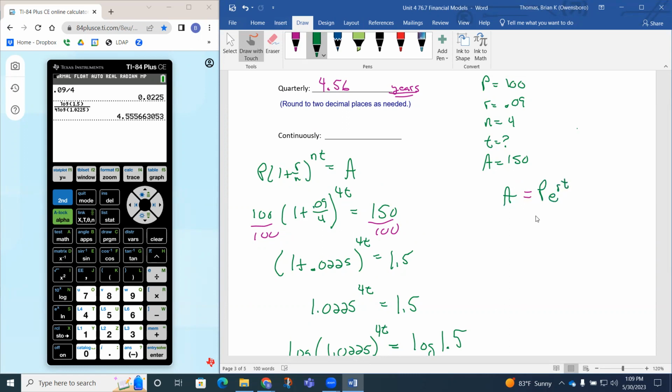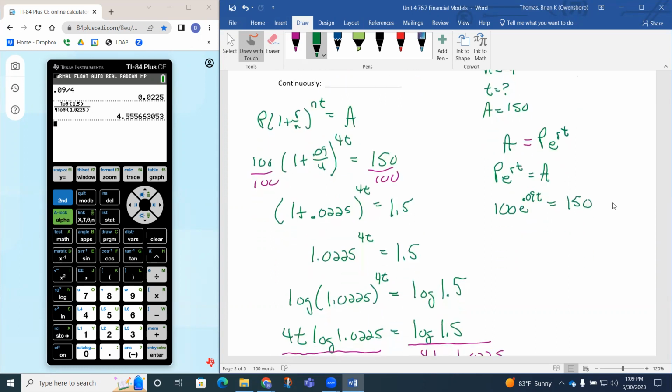So again, the A was the 150, but also again, we're looking for time. So I'm going to rewrite this as P e to the rt is equal to A. So the present value, or the principal, is 100. We have e, the interest rate was that 9%, so it's going to be 0.09 t, and it's going to equal then the final amount, which is 150.